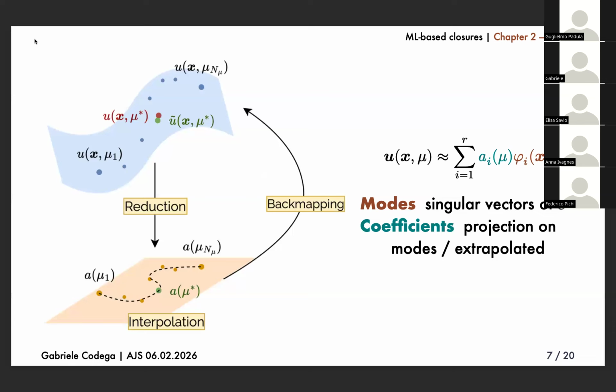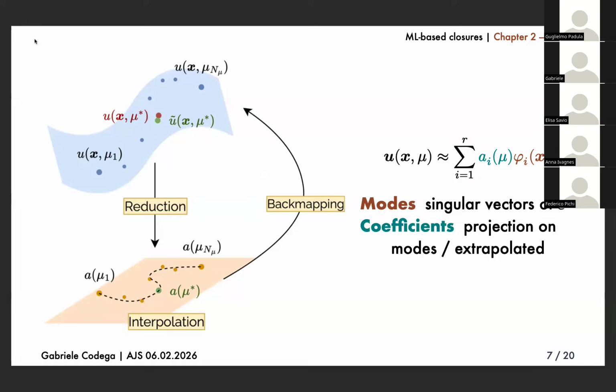And not only that, but also in practice, as you can see, we do a summation over a finite number of modes. R is some integer that you fix a priori. Typically, you want that to be as small as possible, 5, 10, 100 even, but in practice, it's going to be a small number compared to the full dimension, right?